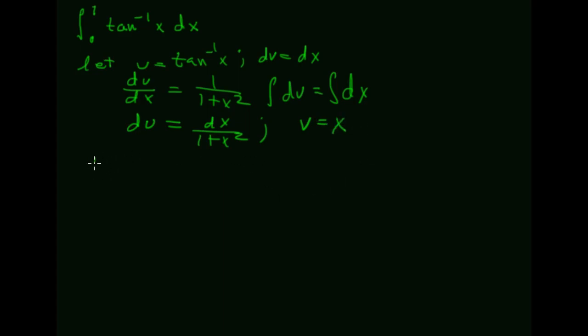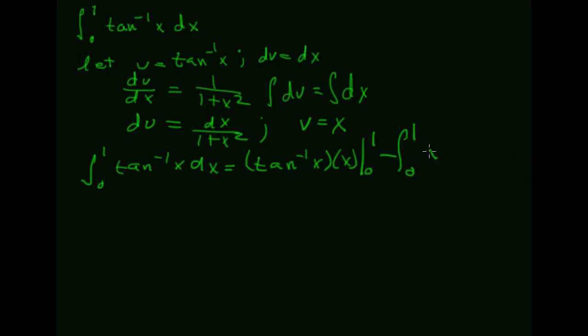So the integral from 0 to 1 of the inverse tangent of x dx should be the inverse tangent of x times x, evaluated from 0 to 1, minus the integral from 0 to 1 of v du, which is x dx over 1 plus x squared.